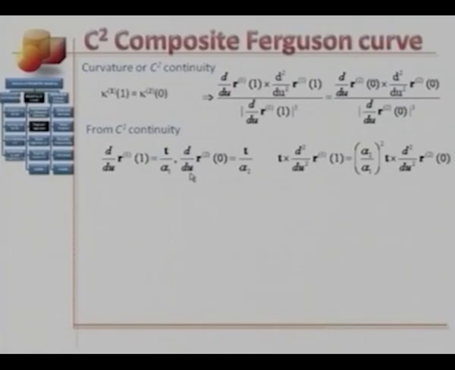And this is implicit throughout this lecture. If we plug in this condition into this condition, we will get t crossed with d2 r1 over du squared evaluated at 1 equals alpha 2 over alpha 1 the whole squared times t crossed with d2 r2 over du squared evaluated at u equals 0.